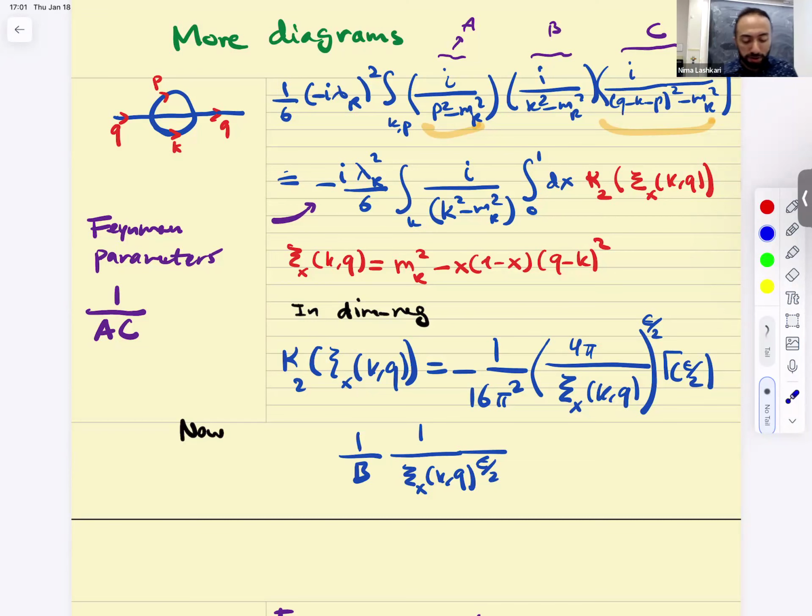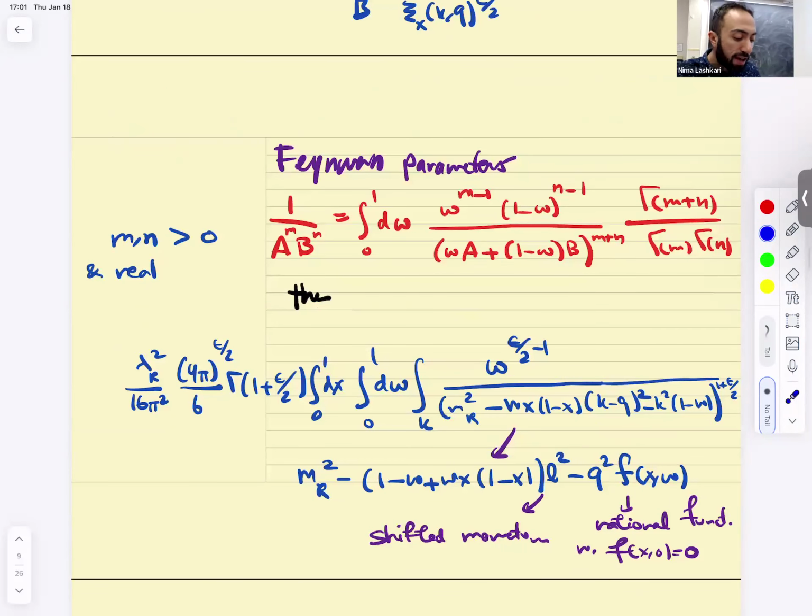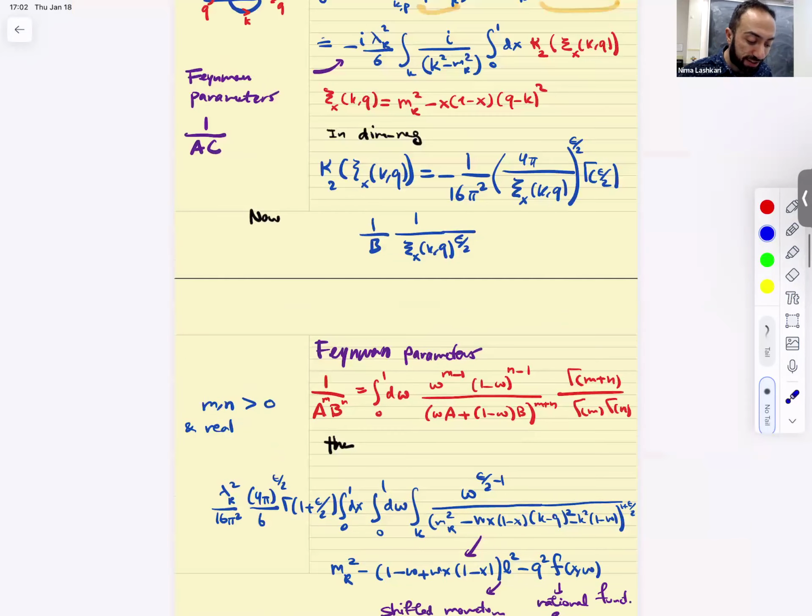And that's what we're going to do next. There is this analytic expression you could use. I suggest that you use it. That 1 over a to the power of m, b to the power of n can be expanded this way in terms of gamma functions. And what's neat about this is that for m and n real, you could use these expressions. All right. So now, what does this buy us?